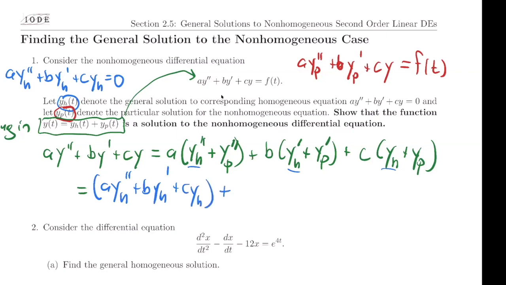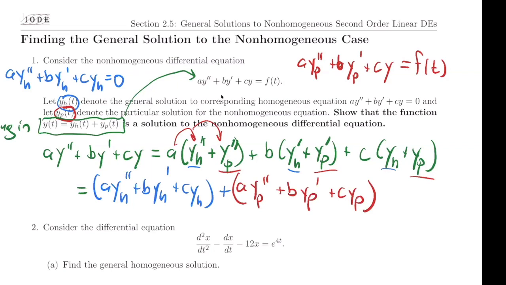And then we group all of the particular solutions together, this term, and this term. And just remember, this A would get distributed to both of those. So we have A y_p double prime plus B y_p prime plus C y_p. And then from our assumption, we know this stuff in blue, because we assumed this was a homogeneous solution, gives me 0.